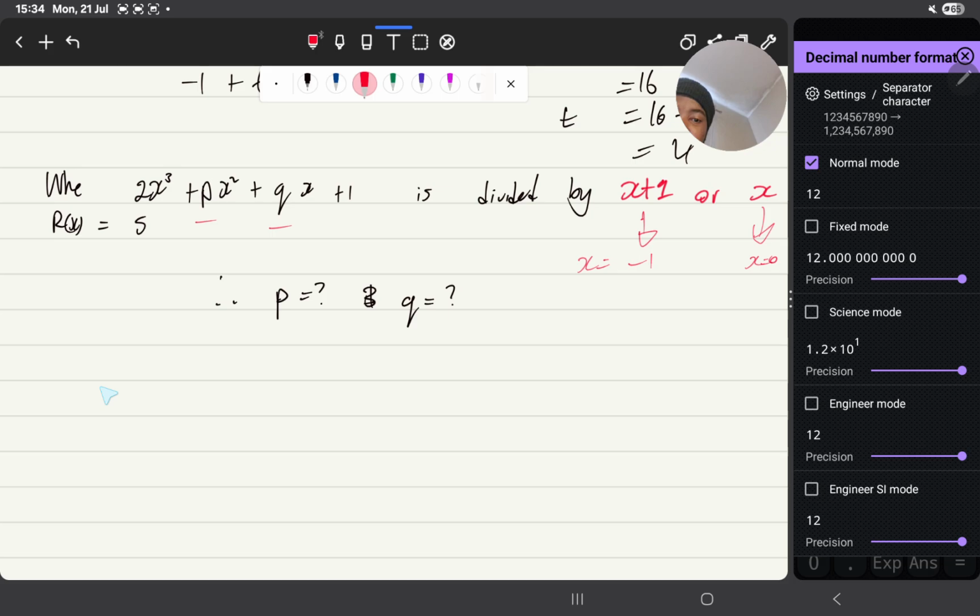So we go to our equation and say 5 equals 2 times minus 1 to the 3 plus p times minus 1 squared plus q times minus 1 plus 1.